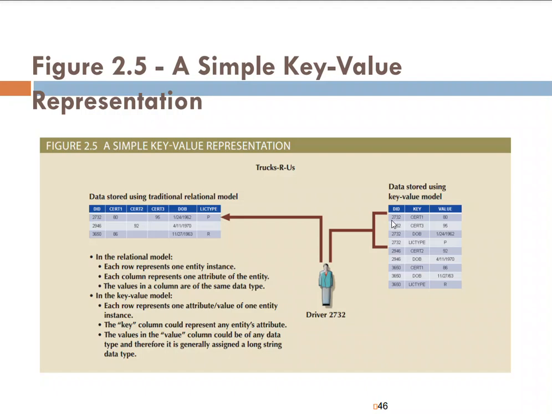So contoh untuk driver ID 2732, key dia cert 1. Cert 1, the value is 50. And then again, for the driver ID 2732, cert 3. Okay, cert 3, 95.